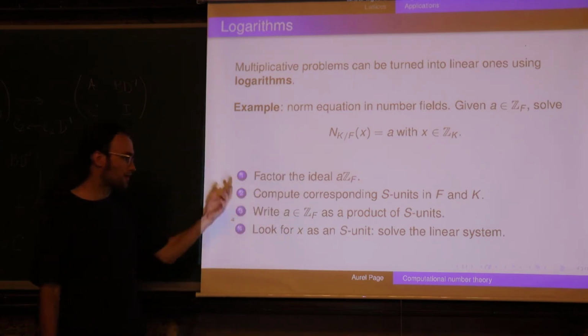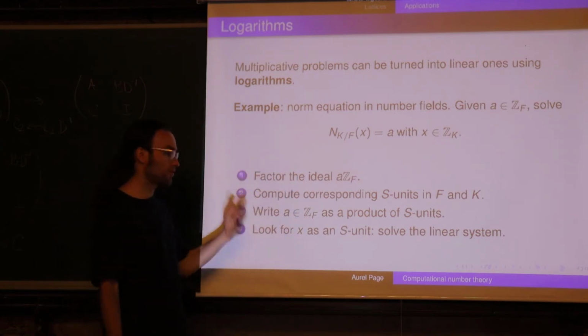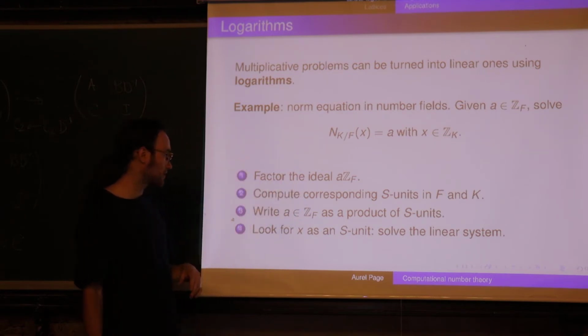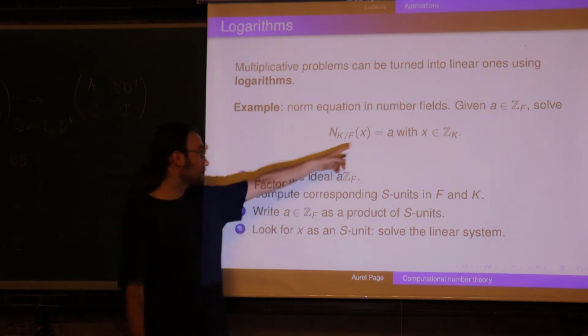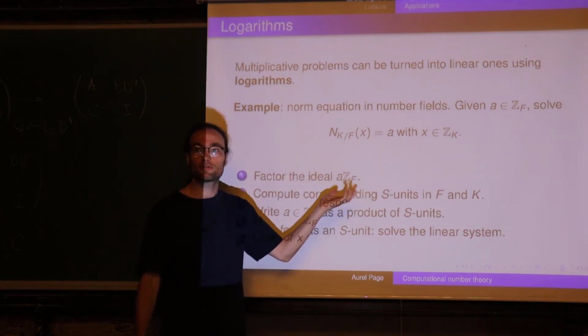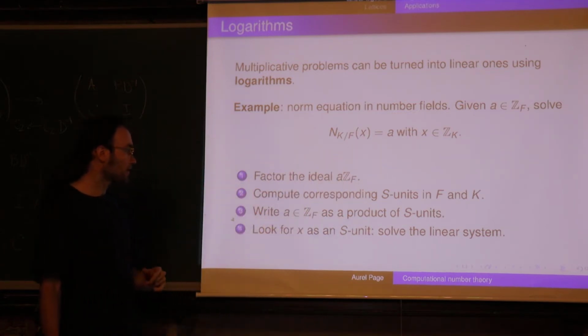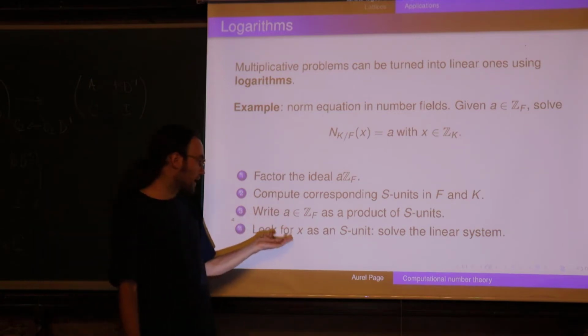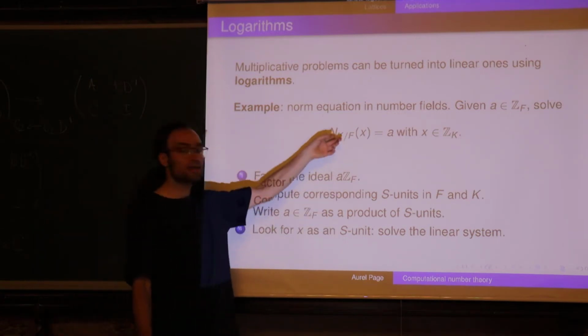And so to make it actually linear, in a way that you can solve it using matrices, you write A as a product of the generators that you computed for your S-units. And then you look for x as an S-unit in K, in the top field.